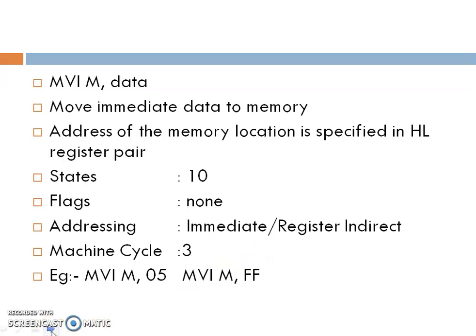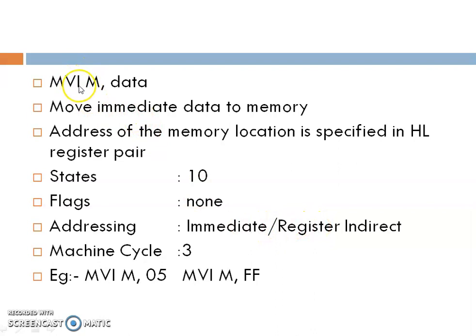Next instruction, MVI M, data. Here the specified data is moved into a particular memory location. Again, the address of that memory location is specified in the HL register pair. In this case, it can be considered as 2 types of addressing.